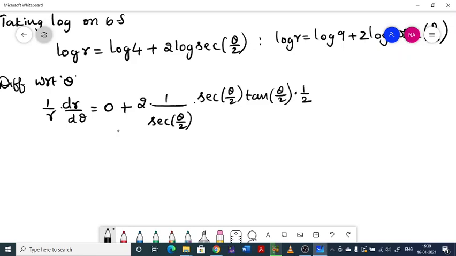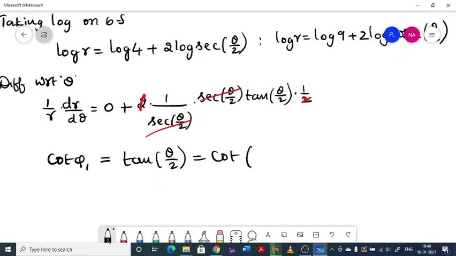So I'll do this one separately, insufficient space here. Okay, 2 get cancelled. Now you get cot phi 1 equal to, yes, here secant theta by 2 get cancelled, right? Cot phi 1 equal to tan of theta by 2. But tan of theta by 2 can be written as cot of pi by 2 minus theta by 2. Therefore phi 1 equal to pi by 2 minus theta by 2.